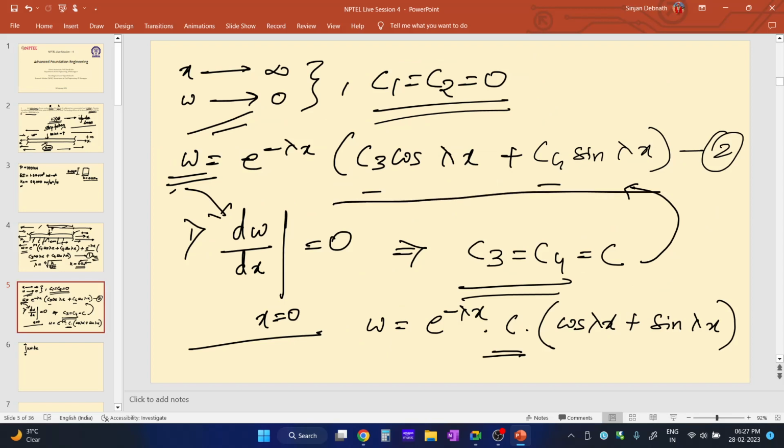This part only. Have you understood till now? Please let me know if you have understood till this part.